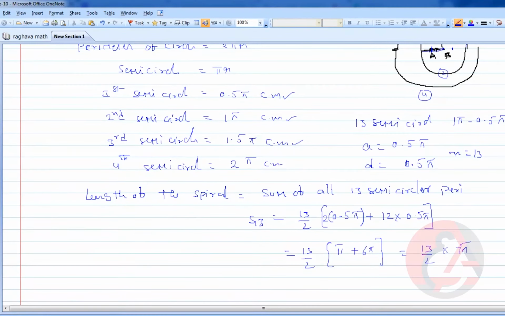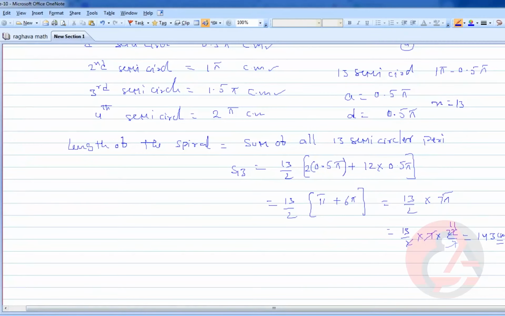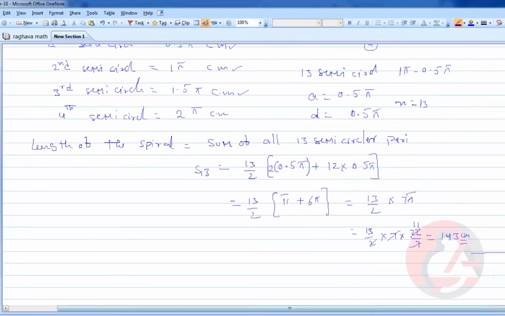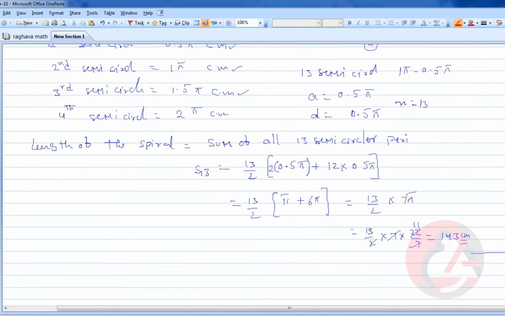How much is 13 by 2 into 7 pi? 13 by 2 into 7 into 22 by 7. 7 cancels, 2 elevens. So the answer is 143 centimeter, the total length of the spiral.